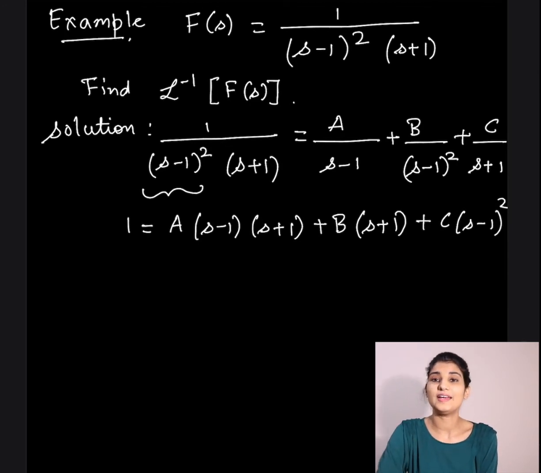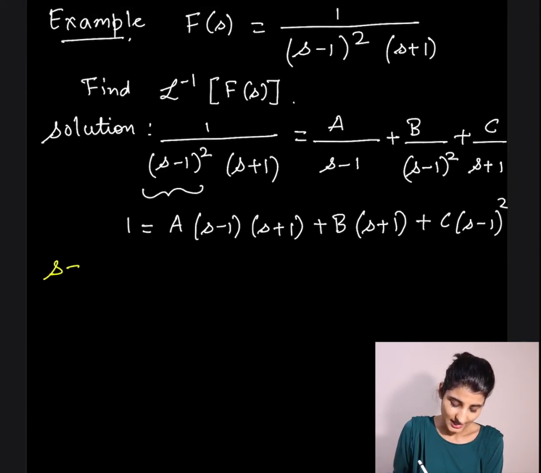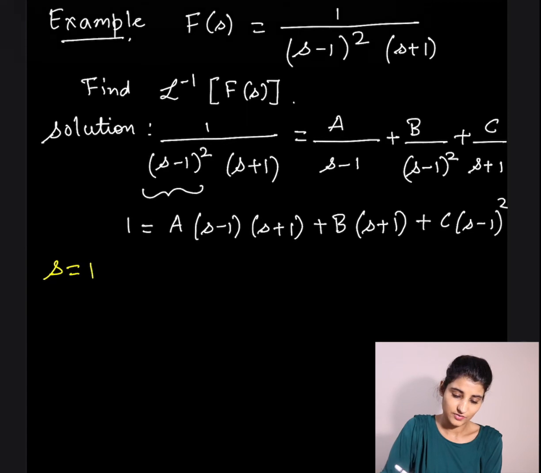Now we want to find out the values of A, B and C, right? So let's substitute s equal to 1 first. If we substitute s equal to 1, what will we get?